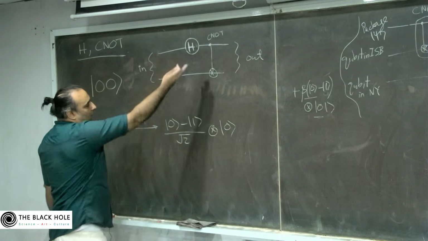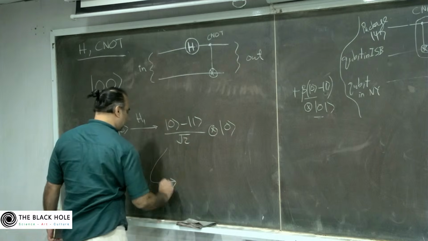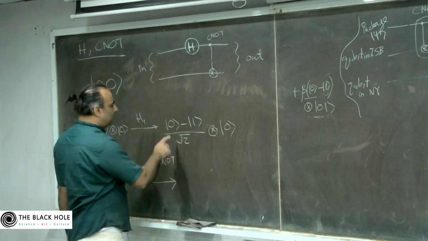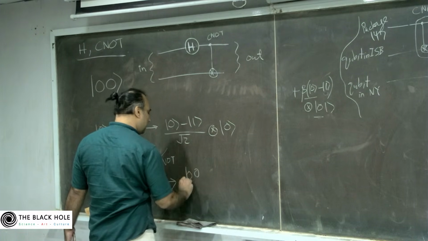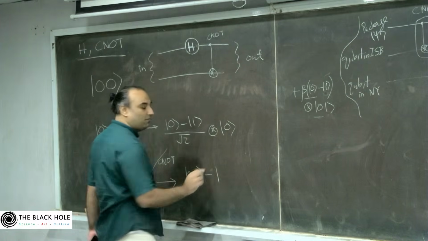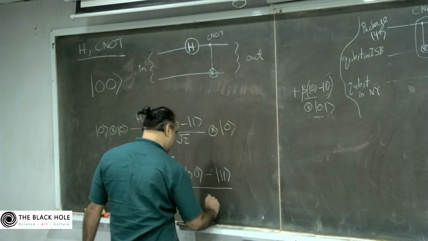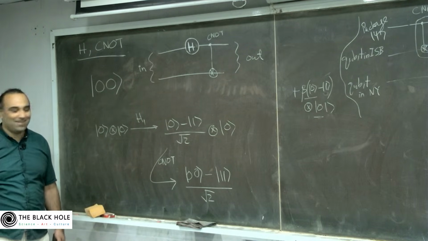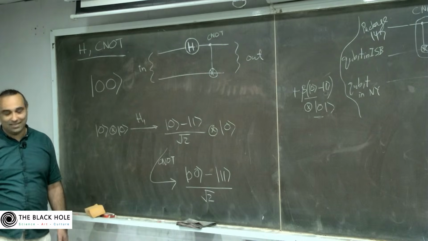Now you perform this CNOT. From 0 0 it will give you 0 0, and from 1 0 it will give you 1 1. So you got this. This is one of the Bell states. It's entangled, you can see that.